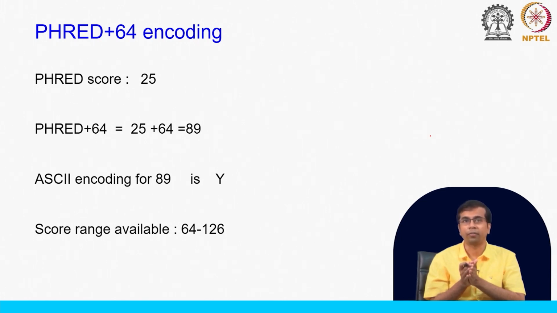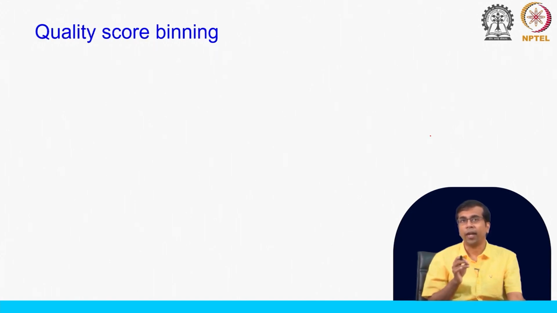So, which will come out to 89, right, and then ASCII encoding for 89 would be capital Y, okay, and the score range that was available in Phred plus 64 was 64 to 126, right. So, if you have quality score 0, your Phred plus 64 value would be 64, right. So, that was the lowest value that was available. Okay. So, now we understand, right, how this encoding works, and we can figure out what the actual Q value is, right, if we know the encoding.